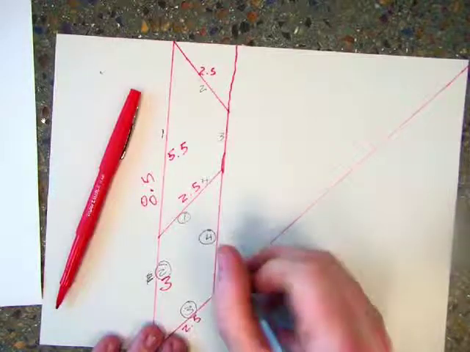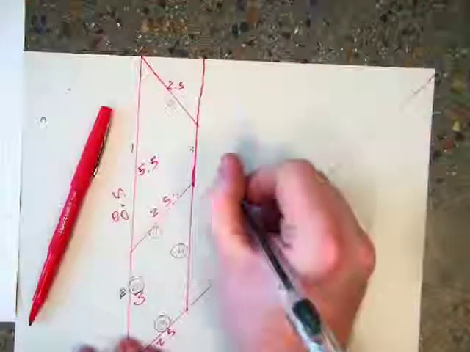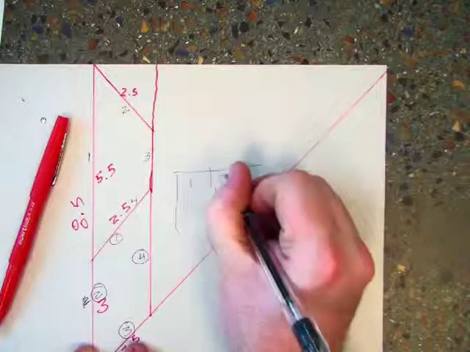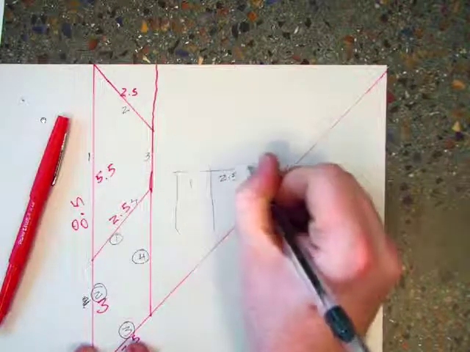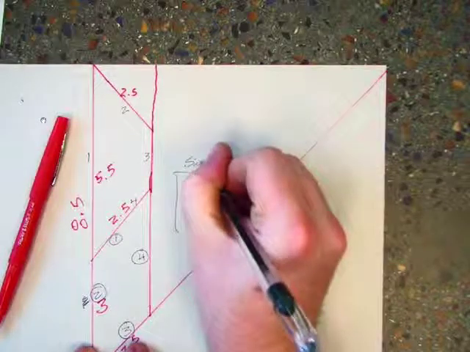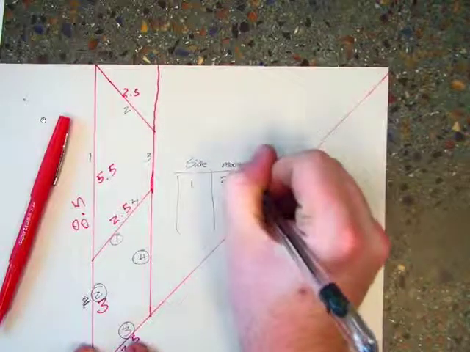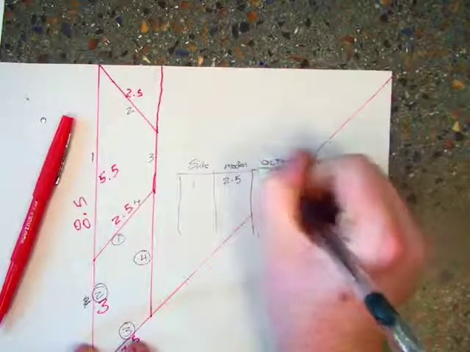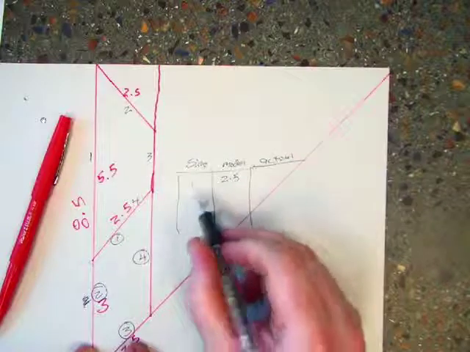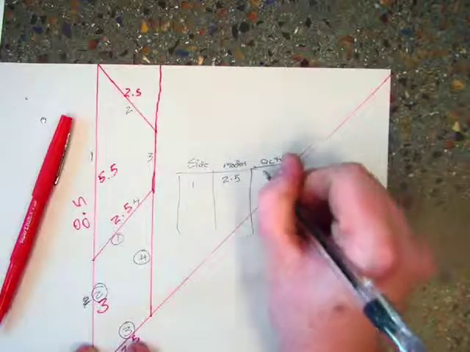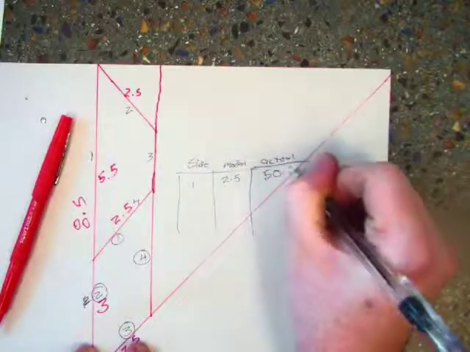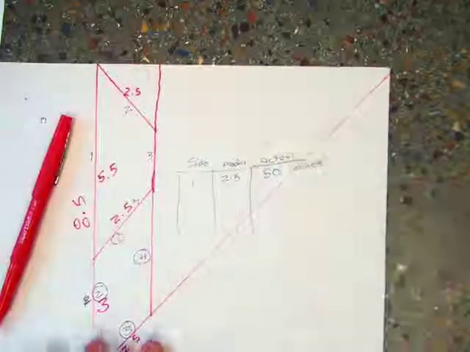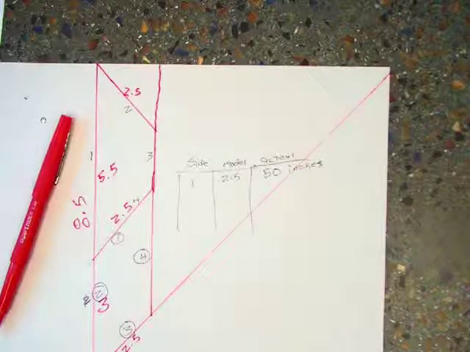So I would do my table, and I would say side 1, the model is 2.5. So side, model, and actual. Well, the actual, if the side 1 is 2.5 inches, then the actual is 50 inches. It's times 20. Okay, so that's how you do this assignment.